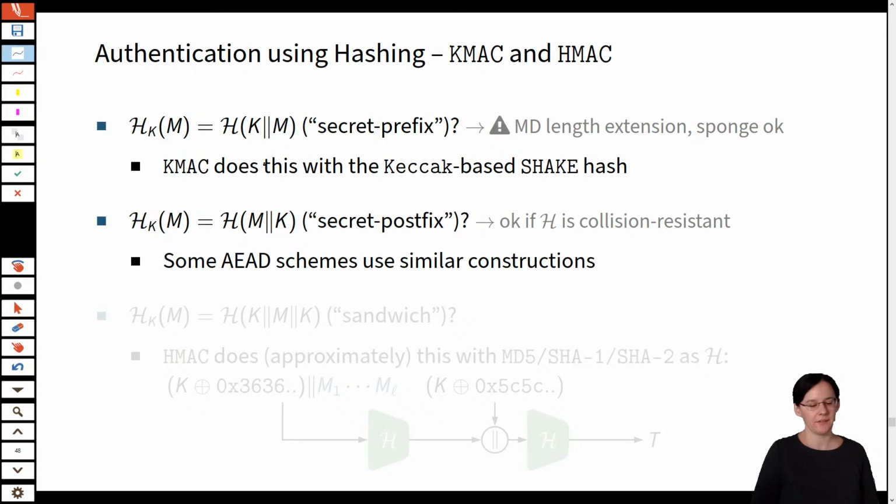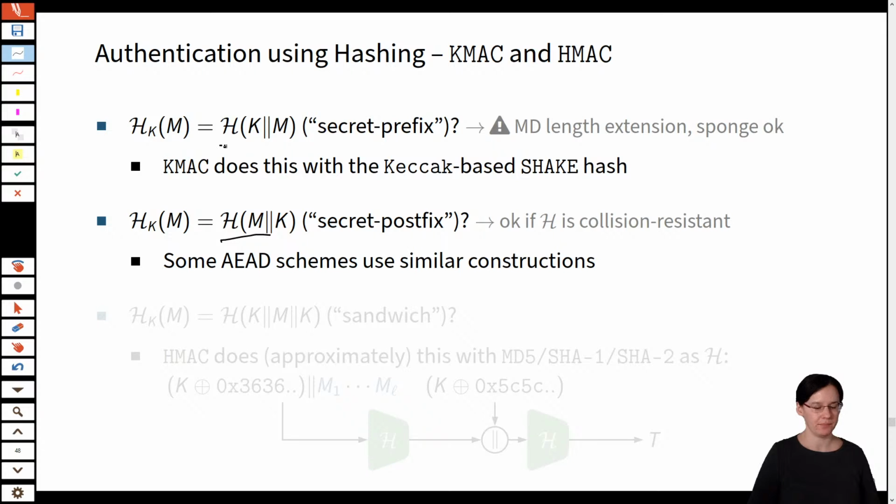However, we have the problem that most of the computation, namely everything that depends on the message, is actually under the attacker's control. And they know exactly what they're working with because the key has not yet been used at that time. So they can try things like finding collisions.